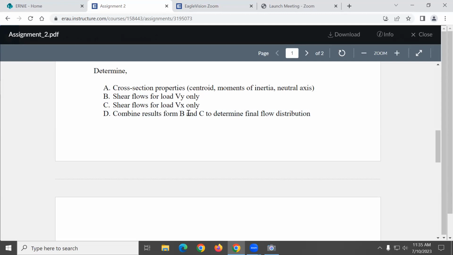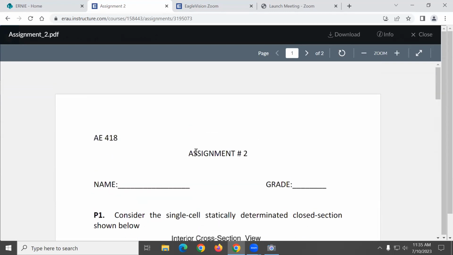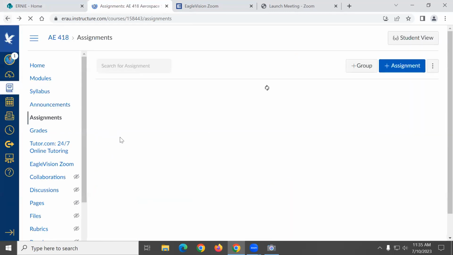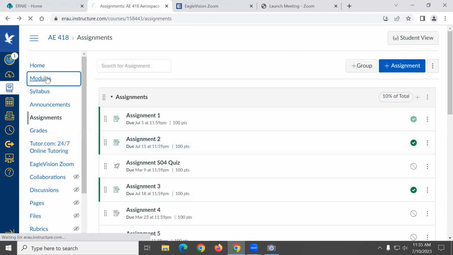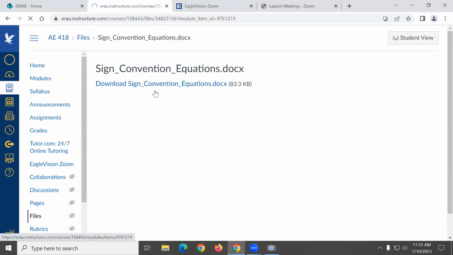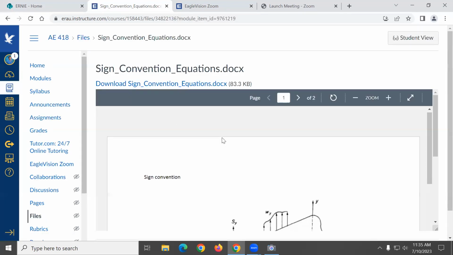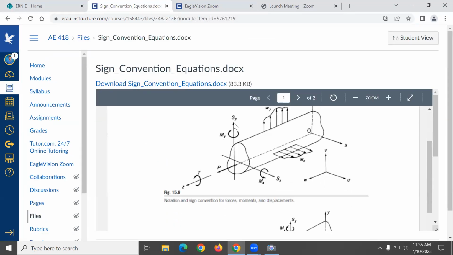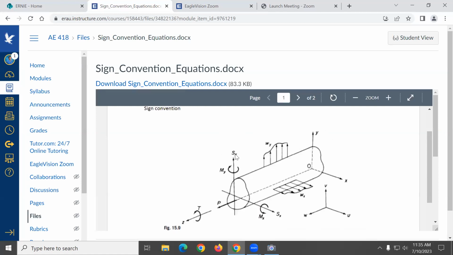The problem of using this equation directly is about the sign convention. Okay, so talking about that, that's a good question that you asked me over here. So remember over here, probably I posted somewhere here a document about the sign convention. If you're going to use the equation directly, remember here the SY is the VYs, no?